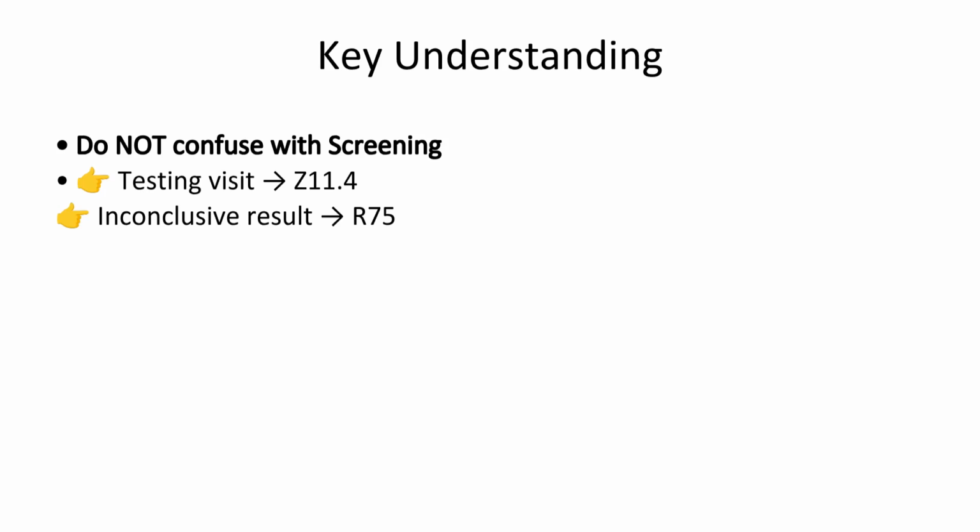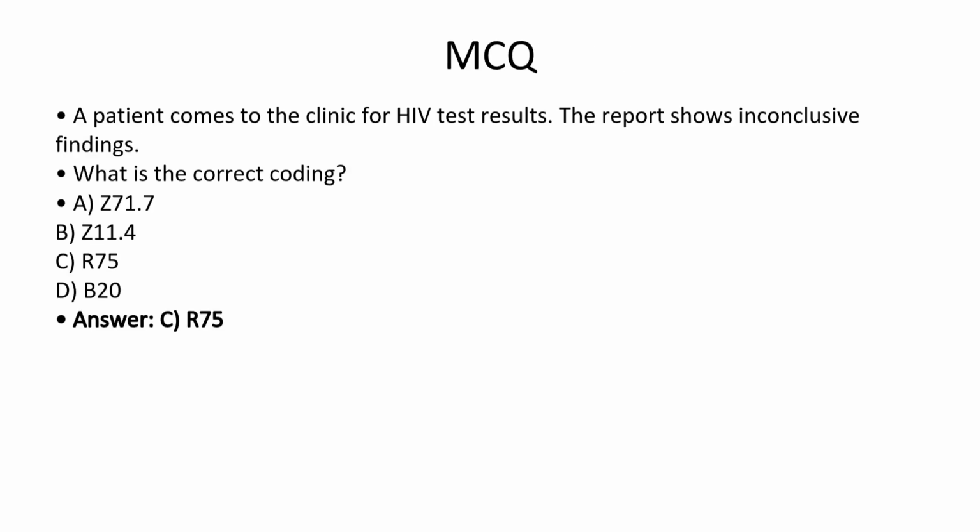Now understand the difference clearly. If the patient comes for testing, we assign Z11.4. But if the test result comes and it is inconclusive, then we assign R75. So screening is for testing, R75 is for unclear results. In this question, the patient is coming for results and the results are inconclusive.